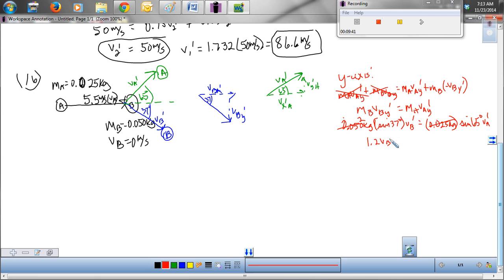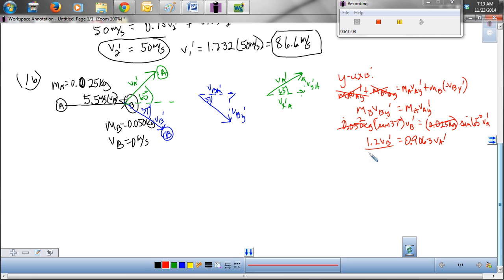VB prime is equal to, so now I need to punch in the sine of 65, so let's get that done. Alright, sine of 65 is 0.9063. So that's going to be 0.9063 VA prime.